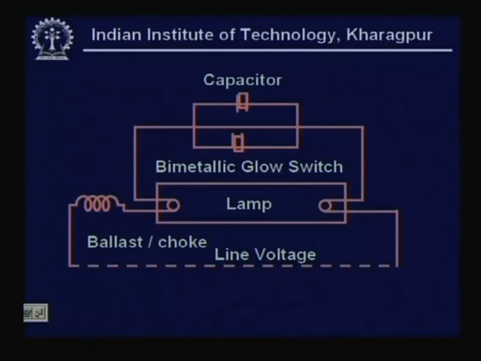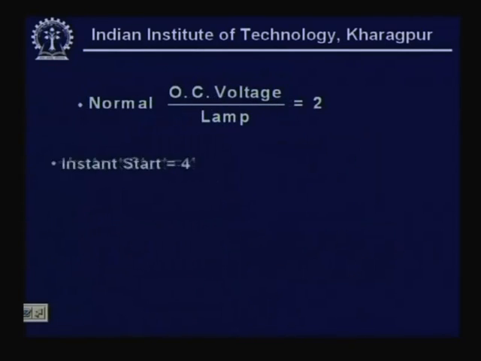Remember, if you have an RL circuit and you open it, there is a current transient, and that builds a very large voltage across the two electrodes and thereby strikes the arc. Once the arc is struck, the inductance is in circuit and the switch is out of circuit, and at that time the capacitor comes into the circuit to ensure that the power factor is maintained.